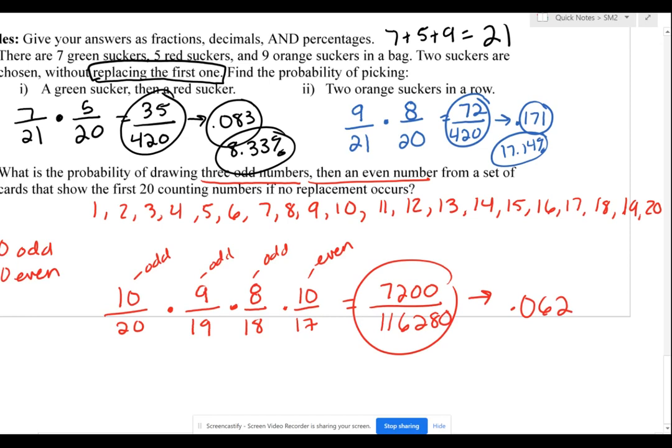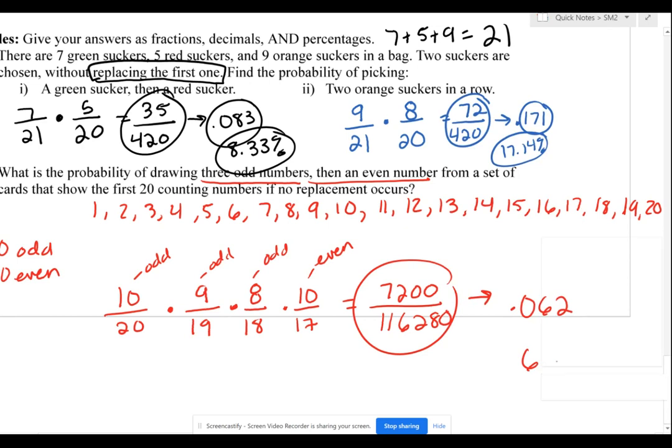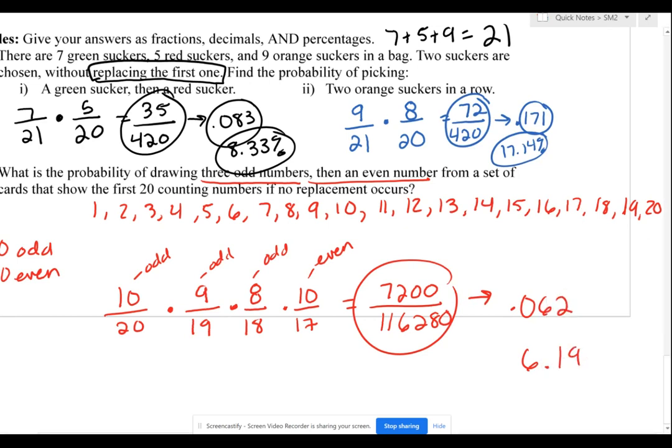Okay? And then I'm going to take that decimal, I'm going to multiply it by 100, and I get 6.19%. Oh my goodness. All 3 answers, doing work.